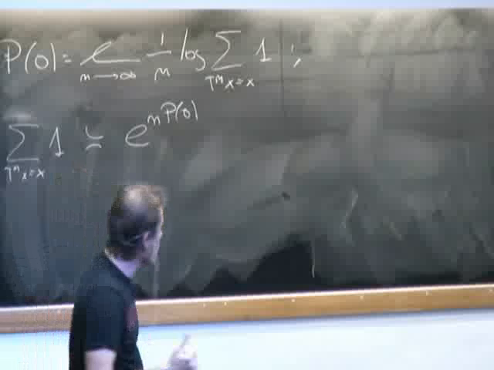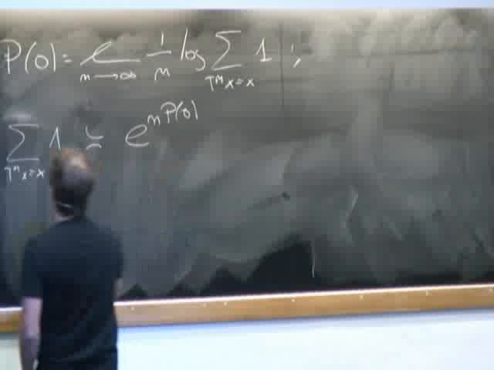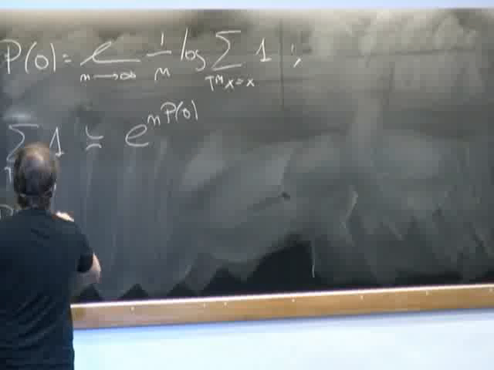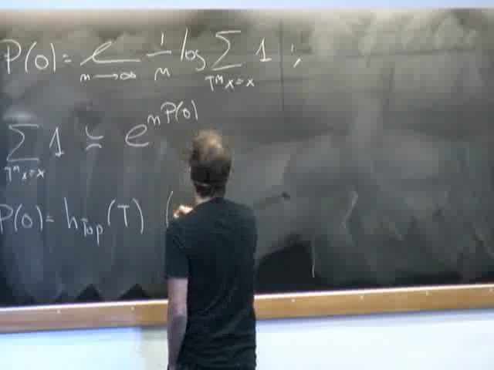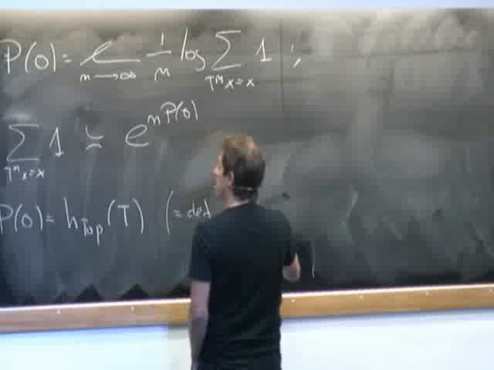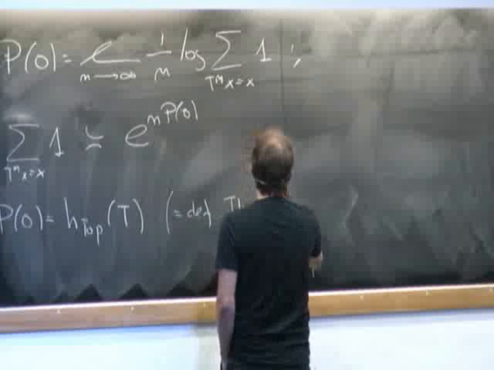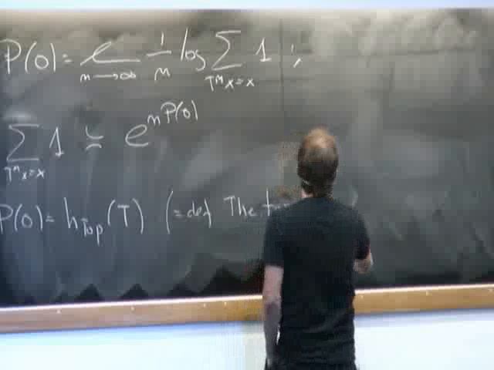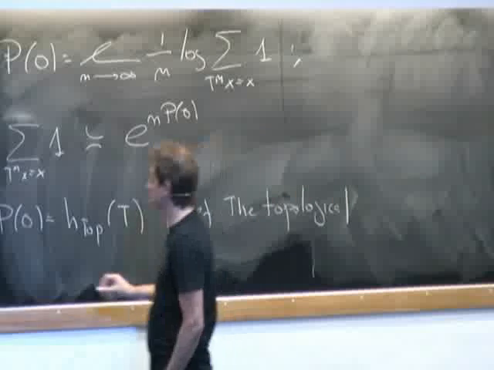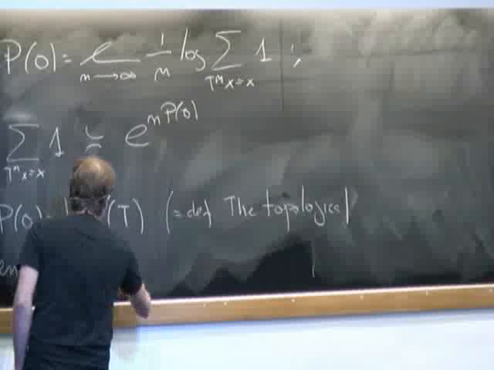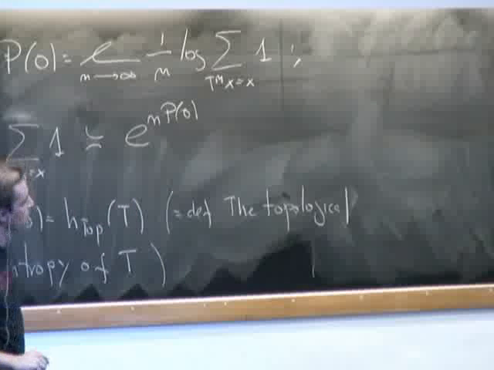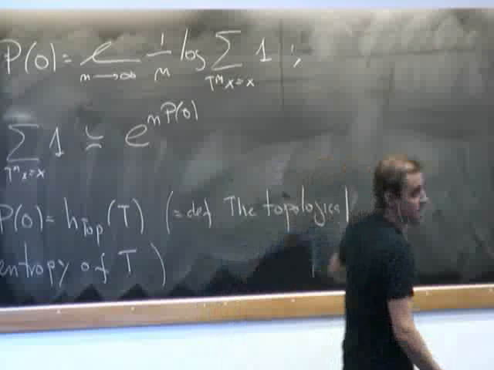We will call P of 0 the topological entropy of the map T. So it's a definition, if you like, that will be the topological entropy of T. So what does this expression mean then?